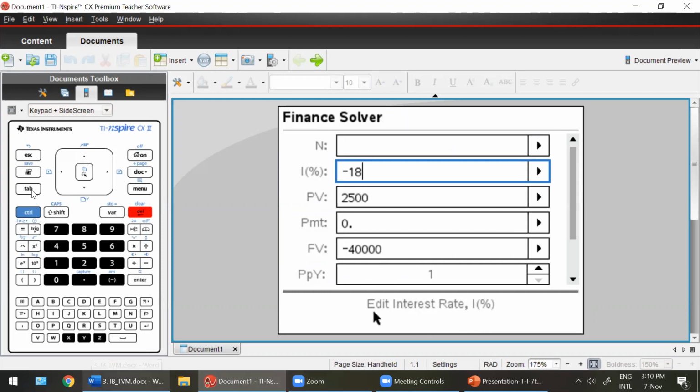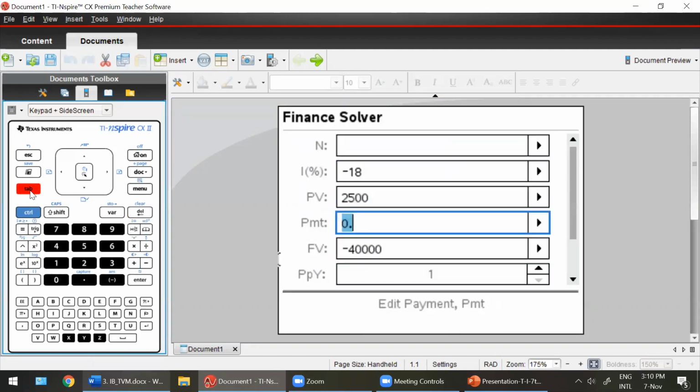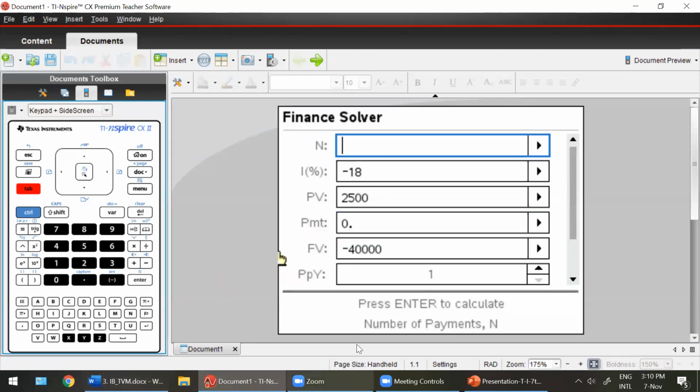Now, to move between these tabs, please press the tab key, okay? As you can see, I'm just pressing the tab key smoothly and I'm able to go from one tab to the other, correct? Now, you must be wondering, what are these tabs? What is N? You can also get a hint below, which says N is the number of payments, right?